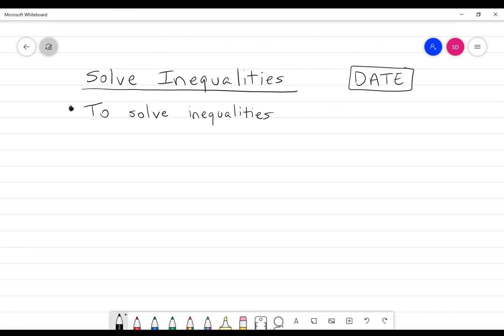All right, to solve inequalities, we're going to use the same steps that we use when solving equations. So you follow the same steps as solving equations.